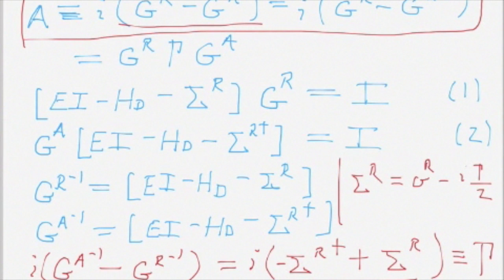If you go back to what our gamma was, what did we have? On the diagonal, in those corner diagonals, we had E minus H_D minus T e to the iKa, I think. So our sigma was T e to the iKa.